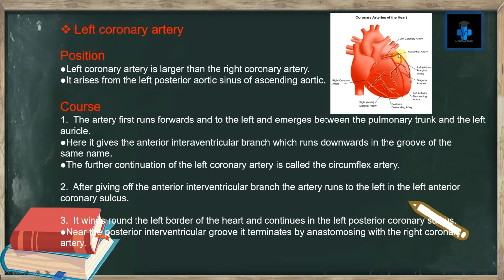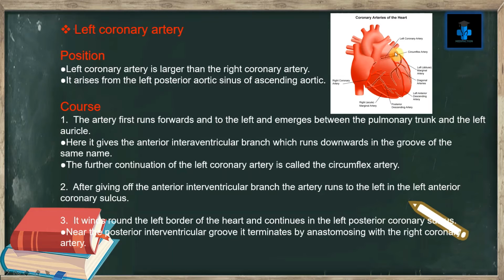Here, it gives the anterior interventricular branch, which runs downwards in the groove of the same name. The further continuation of the left coronary artery is called the circumflex artery.